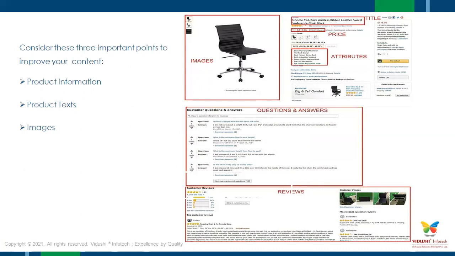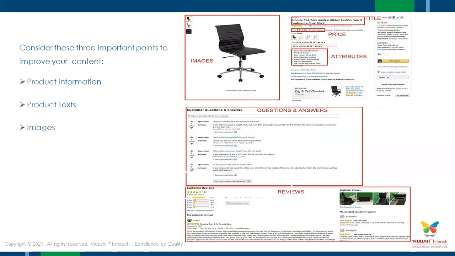It is shown there. Next, you can see attributes. You can add key features, utilities, USPs of the particular product. You can see the image, which is very clear with the white background. It is easily recognizable that this is a chair.